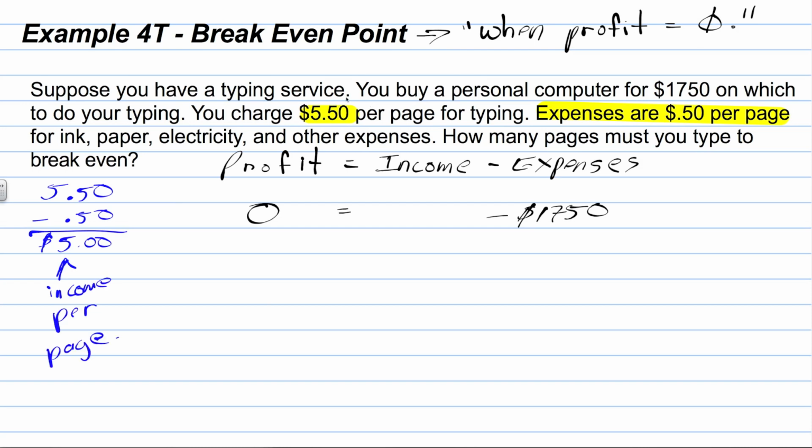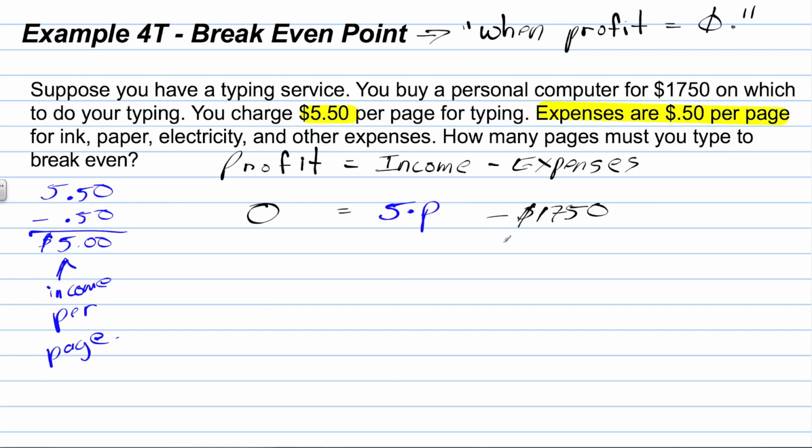We have to subtract it from what we charge per page to figure out our income per page. And our income per page we're going to find by going 5 times any number, really. We'll just say P for page. So to break even, we have to solve this equation. We know our profit is 0, and we have to figure out how many pages.